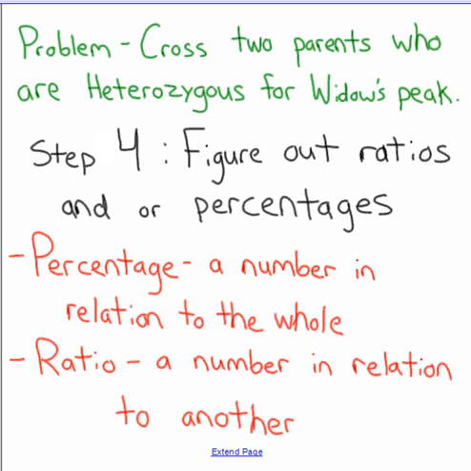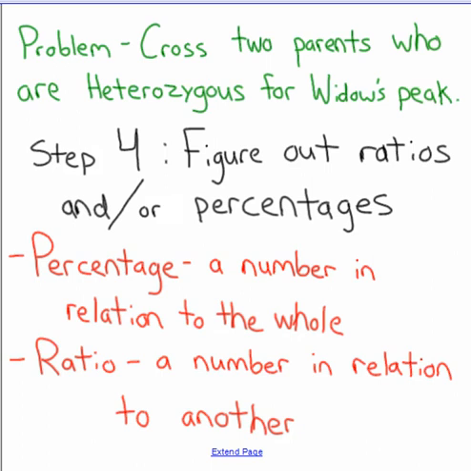The final step then is going to be figuring out the ratios and the percentages. I think most people know what a percentage is in this class. If you don't, it is a number in relation to the whole. So 1 out of 4, 4 being the whole, 1 being the one number. It's usually represented with a percentage sign.